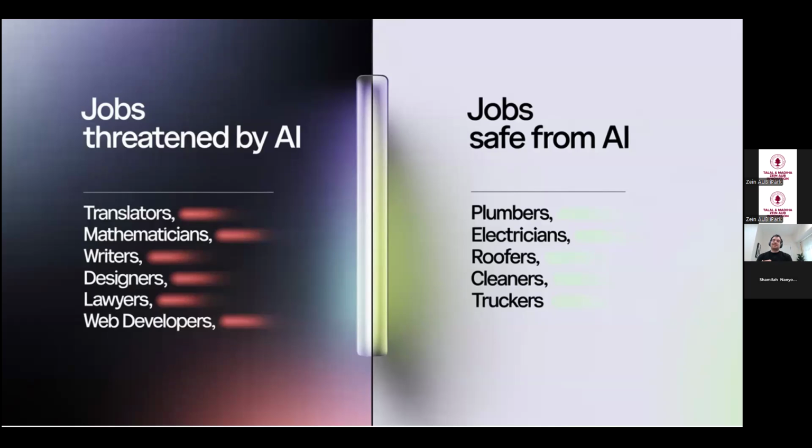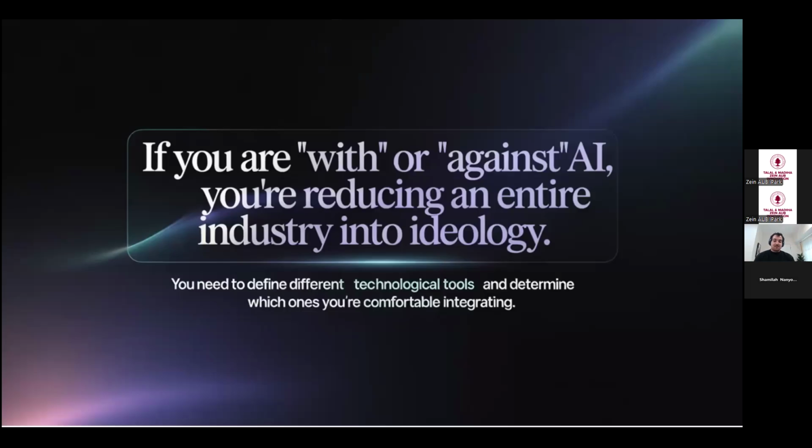I told the AI that I need a two-sided comparative screen that shows jobs threatened by AI, jobs safe from AI. I gave it the list that I wanted. I told it the design elements that I wanted, how I imagine it, and it created a beautiful slide for me.